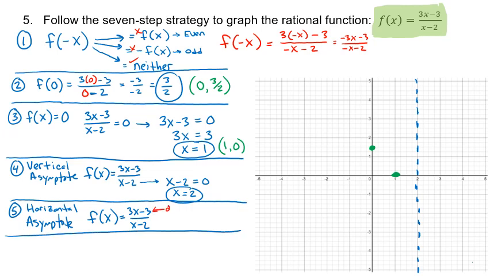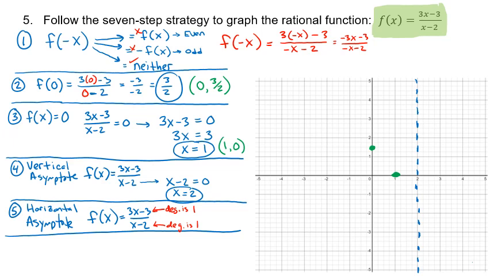The degree of the top is 1, x to the first power. The degree of the bottom is also 1. So the numerator and the denominator, the top and the bottom, have the same degree.